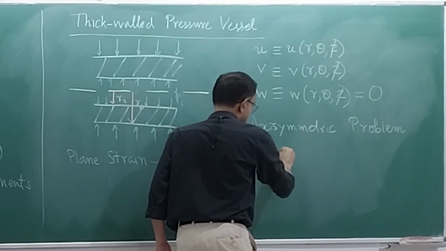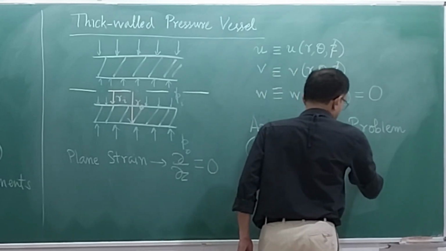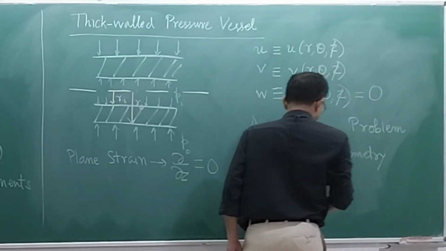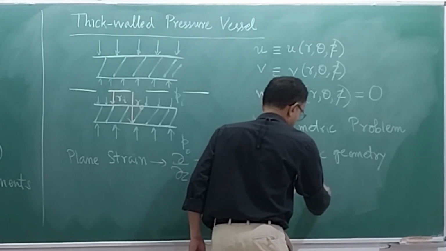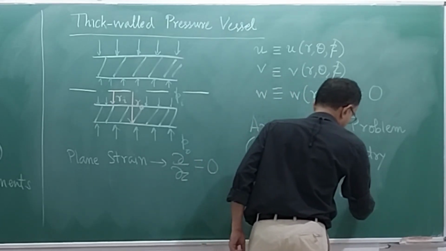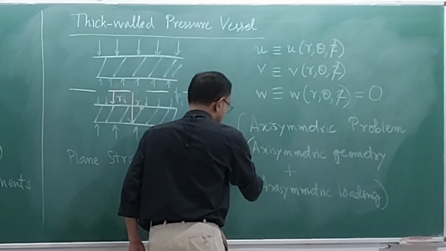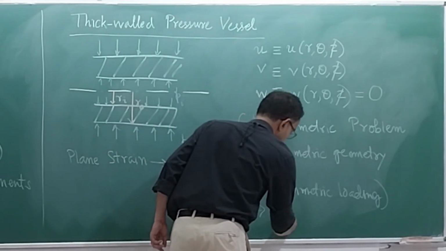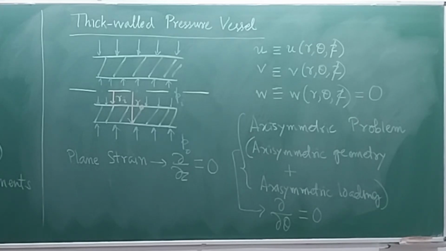Axisymmetric geometry plus axisymmetric loading together imply that del theta is equal to 0. So earlier we had del z equal to 0, now it is del theta equal to 0, which means that the dependence of those two displacement components u and v on theta also goes away.